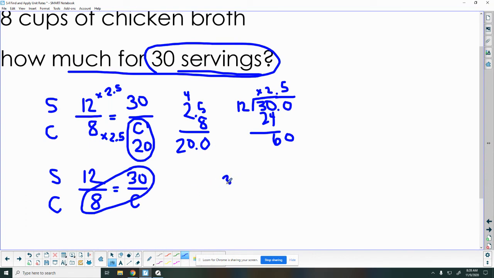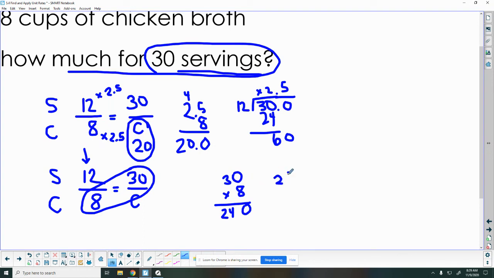30 times 8 is 240. And then I'm taking this other number here and I'm going to divide. So all I'm doing is rearranging this problem and setting up a different proportion, but we're going to get the same answer.